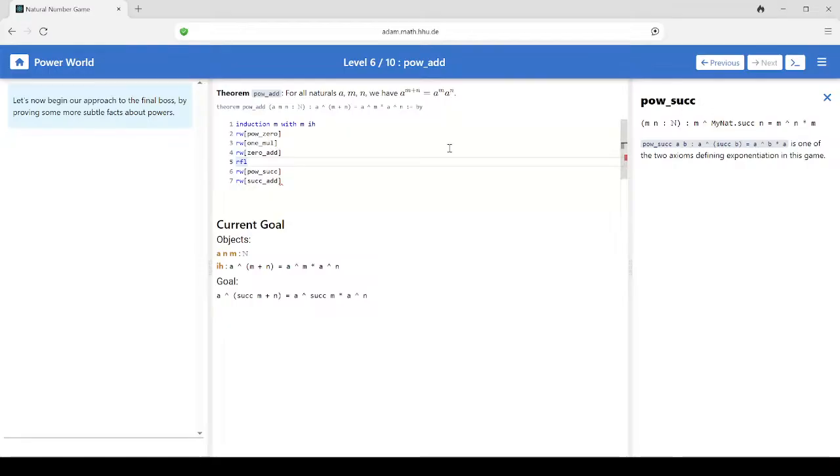Right, I use this one here to change this one.